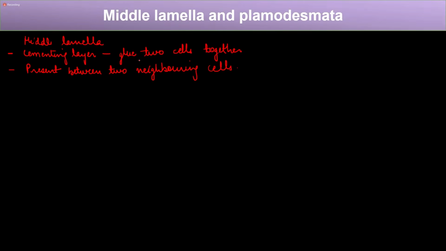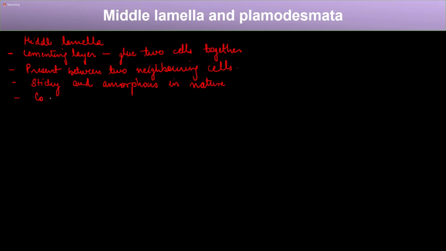Now, what is the nature of this middle lamella? They are sticky in nature, and that's how they glue two cells together. So they are sticky and amorphous in nature. Amorphous means soft, okay? They are not crystalline, they are jelly-like. And what are they made up of?